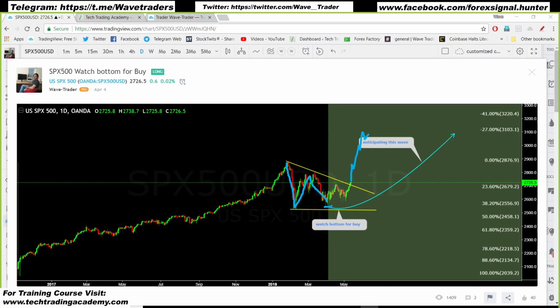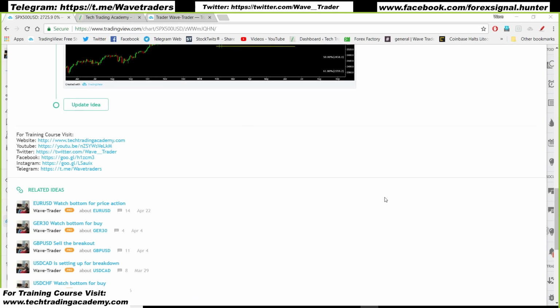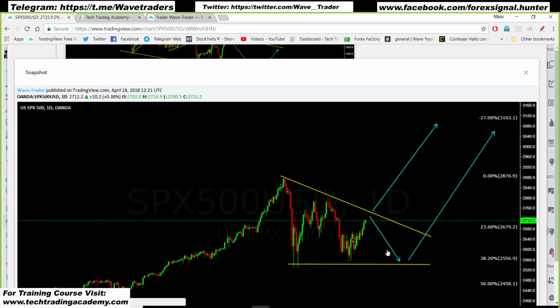The pattern which we normally see on the S&P 500 has completed. It has formed a double top, double bottom. Now it should keep pushing for upside. So one more drop and then up. Look at that triangle.